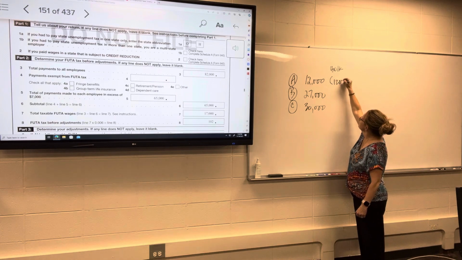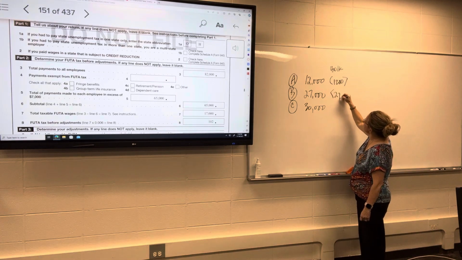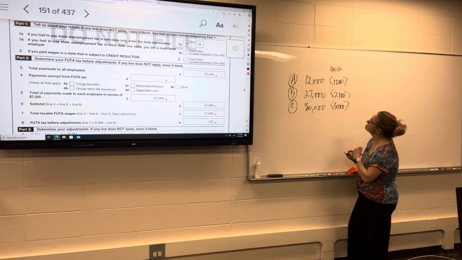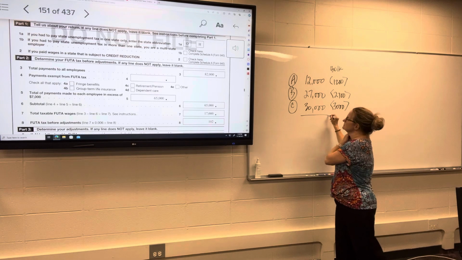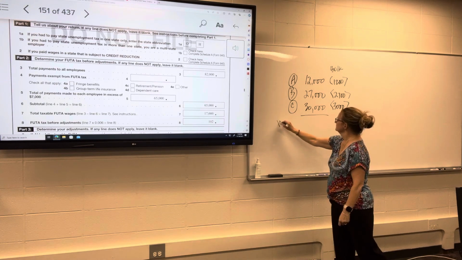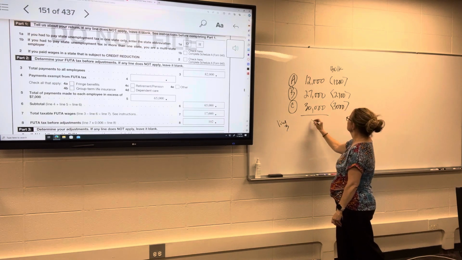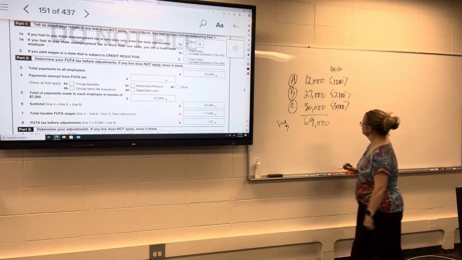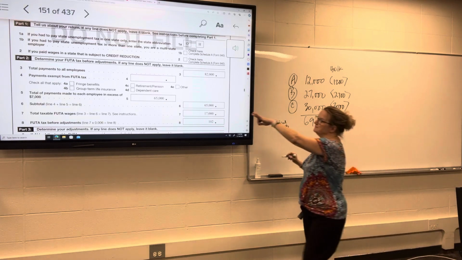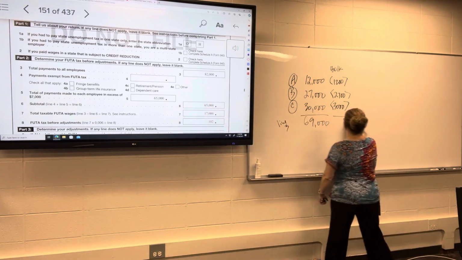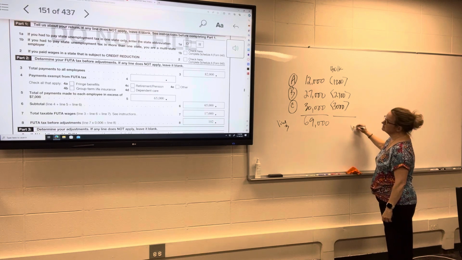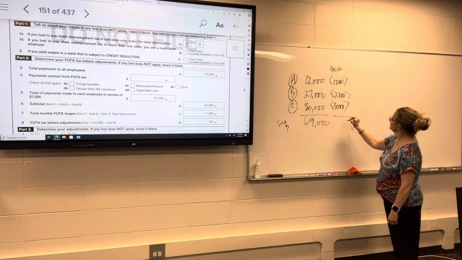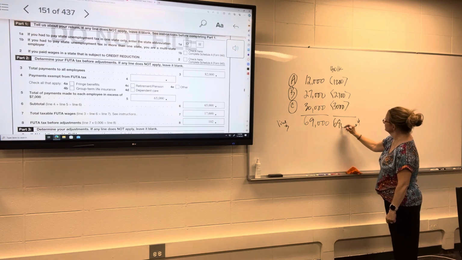So 1,200, 2,700, and 3,000. Total wages, line 3 here, so 69,000 is our total wages. Payments exempt from FUTA tax would be the total. This would be line 4 here, so 6,900, right?